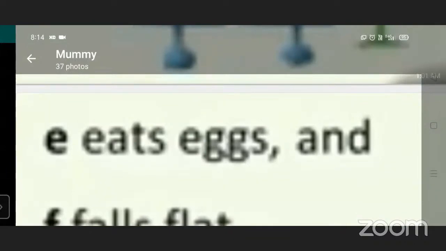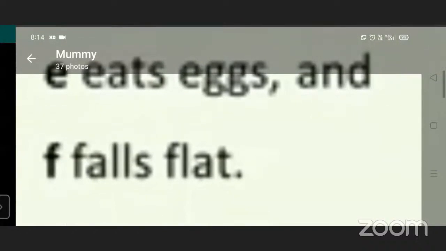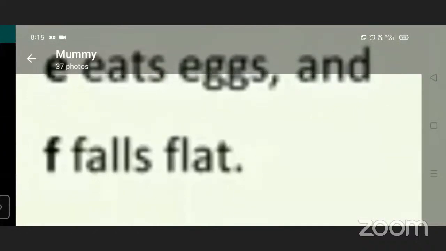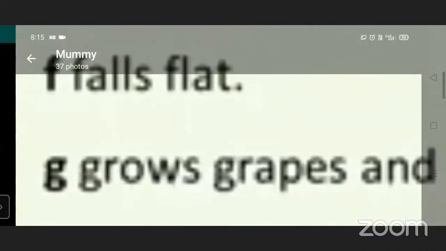E eats eggs and F falls flat. G grows grapes and H hangs a hat.